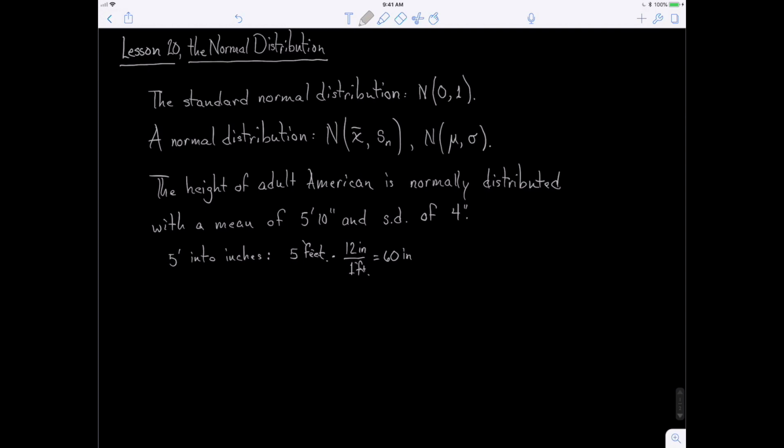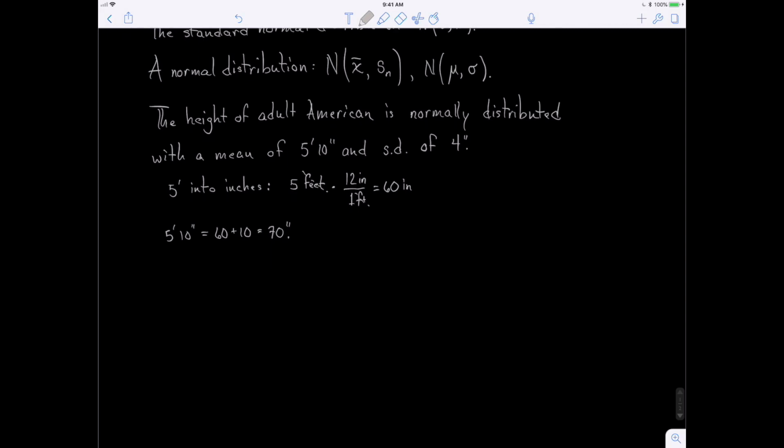So if someone is 5 feet 10 inches, that's 60 plus 10, or 70 inches tall. In other words, the normal distribution that represents the adult American male is N, with a mean of 70 and a standard deviation of 4.